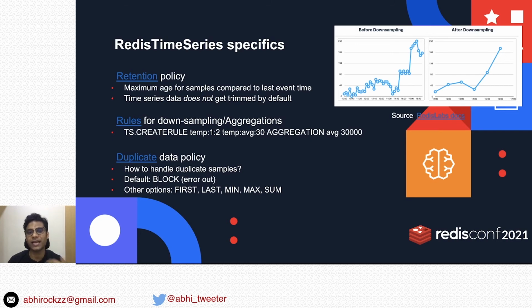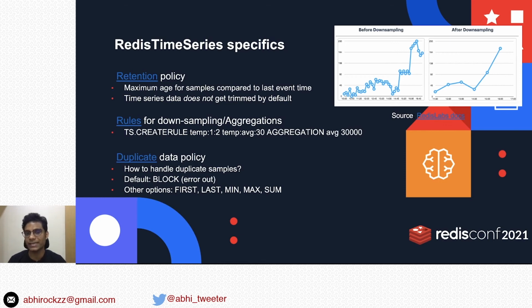And as far as aggregation, compactions, and downsampling is concerned, you can actually use aggregations in an ad hoc manner when you execute your range queries. But I think what's better to do is actually create rules with the command ts.createrule. For example, what I've demonstrated here is ts.createrule, and the first parameter is the source key or the source time series.